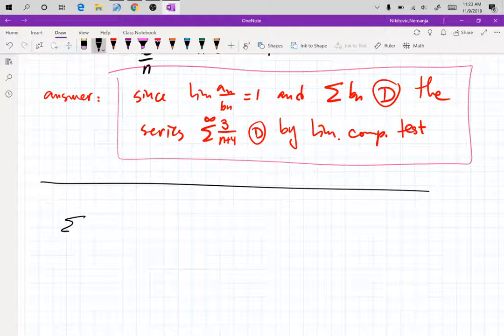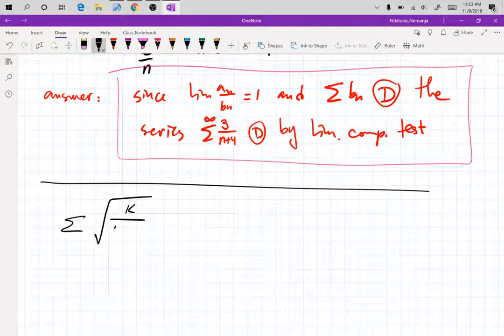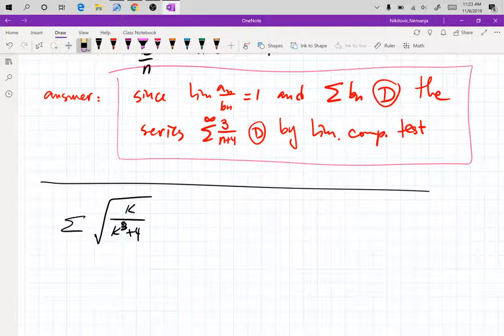Summation of square root of k over k cubed plus 4, from 1 to infinity.